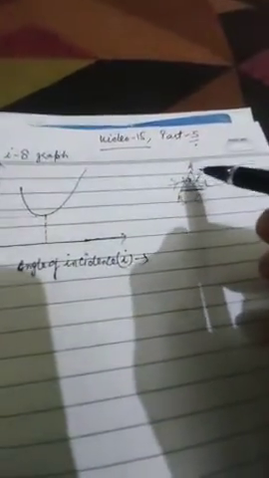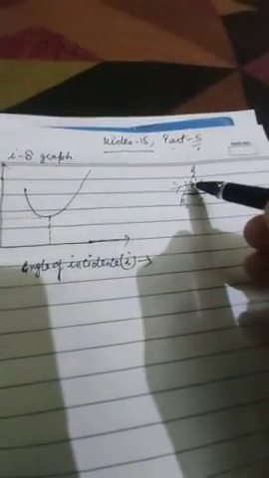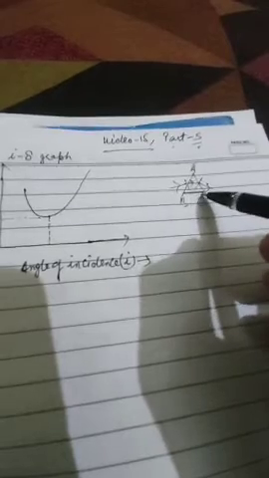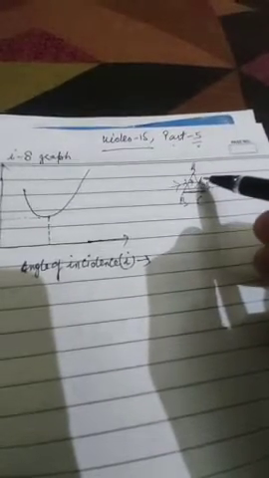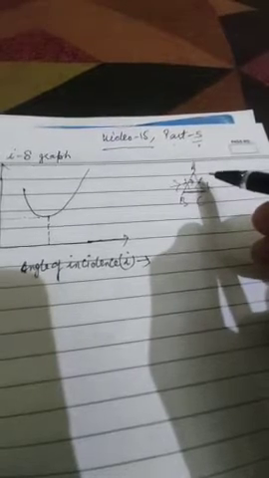When the angle of minimum deviation takes place, at that time this refracted ray is parallel to the base, and the angle of incidence is equal to the angle of emergence.